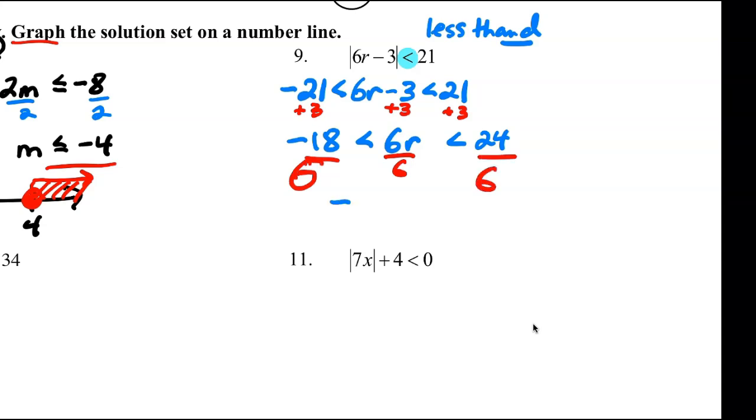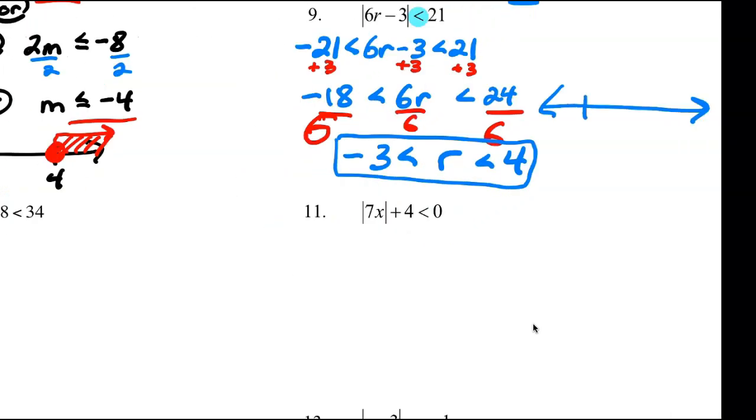And that gives us negative 3 is less than r is less than 4. This is our solution, and our number line solution would be negative 3 and 4, both open circles. You have r is between negative 3 and 4.